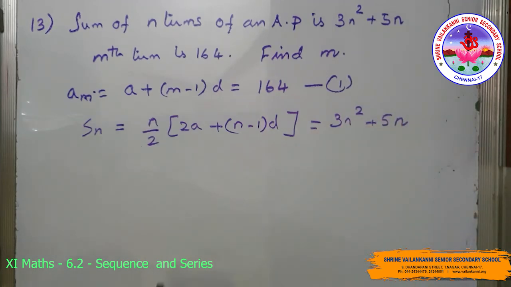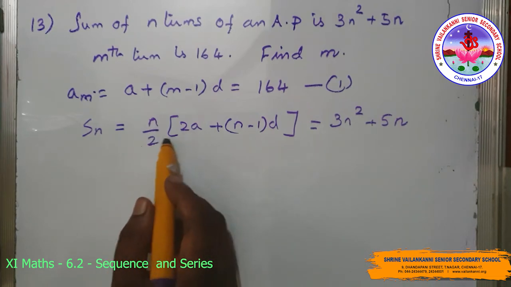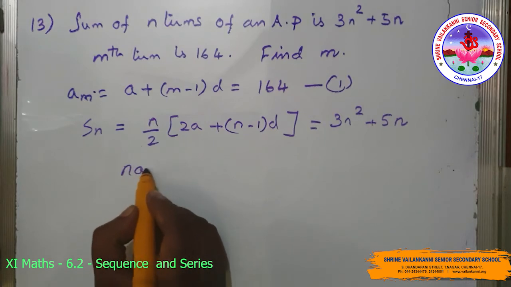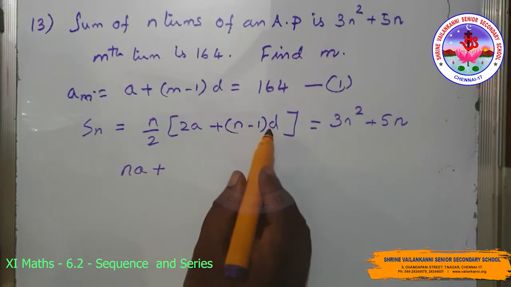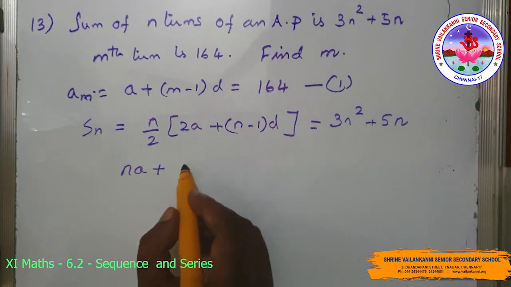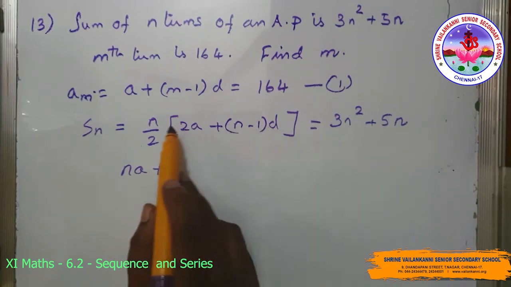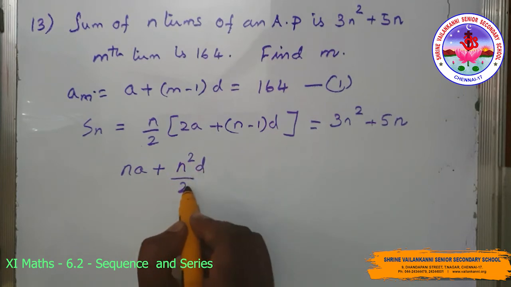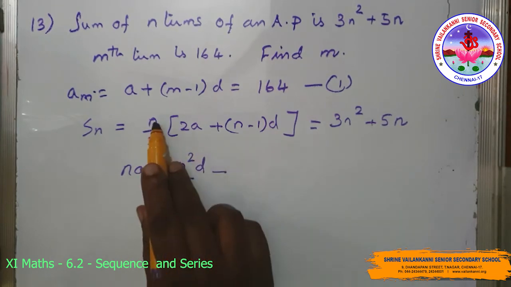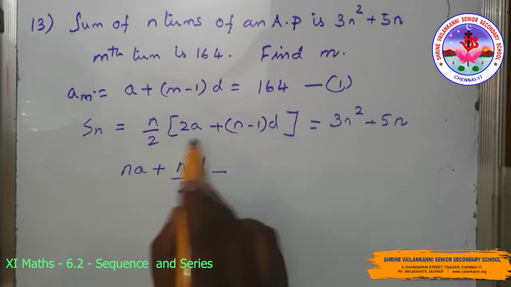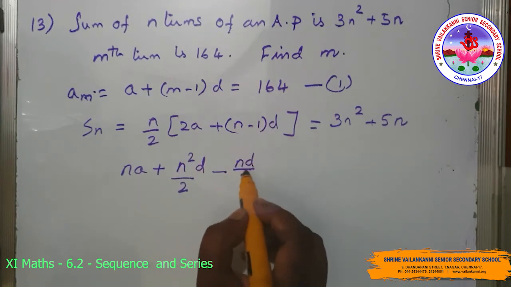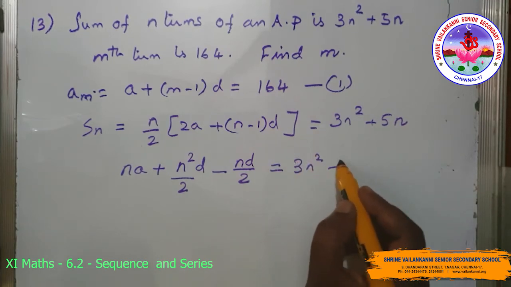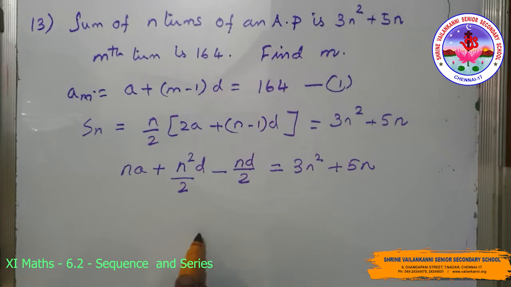Multiplying this, n/2 into 2a, cancelling 2 and 2, we get na plus n into d into n/2, so n square d by 2, minus n into d into 1/2, so nd/2, which is equal to 3n square plus 5n.